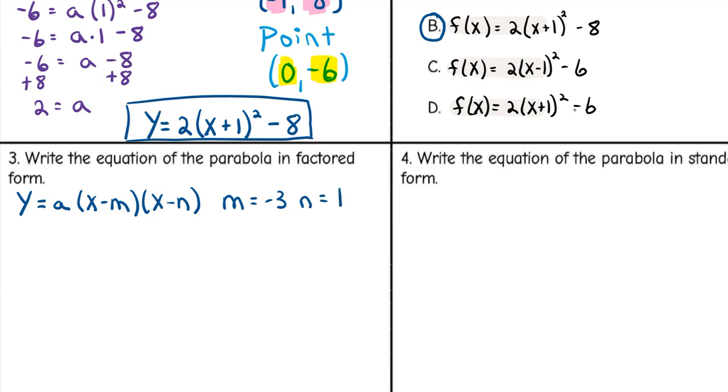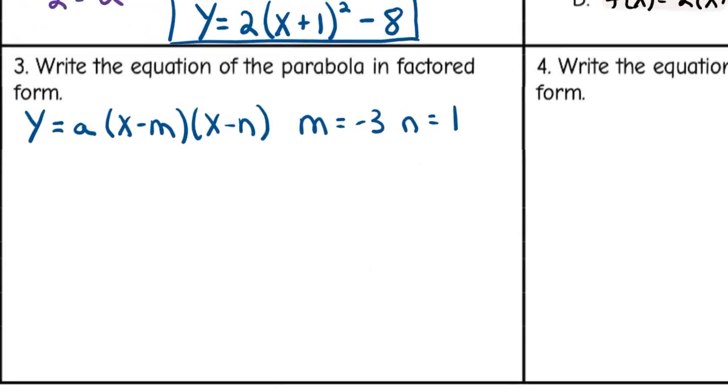Those are interchangeable, so we could have made the m 1 and the n -3 and it will still work out the same. So just as we did in the vertex form, we can also pick an xy coordinate. It can be a different point, but I'm going to go ahead and choose the y-intercept again.